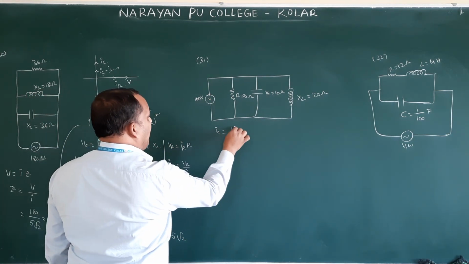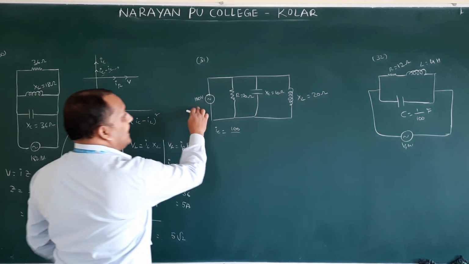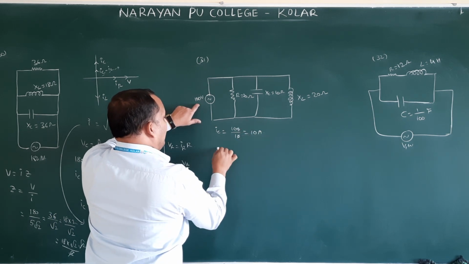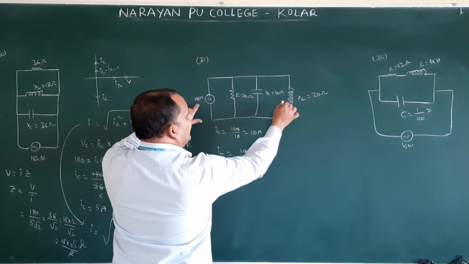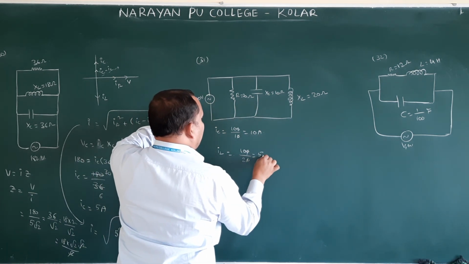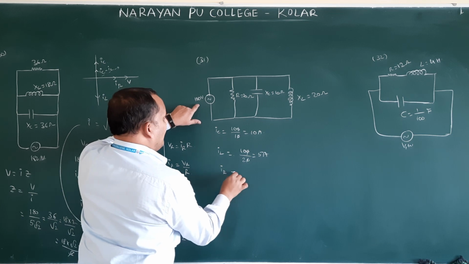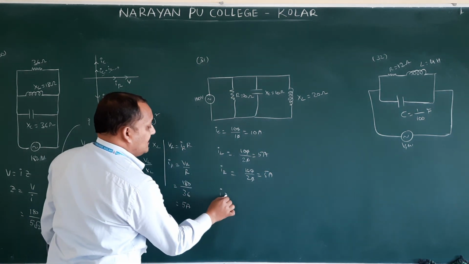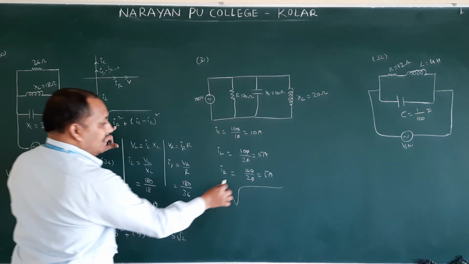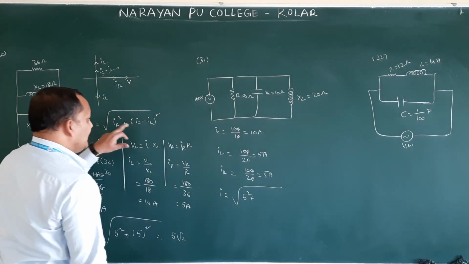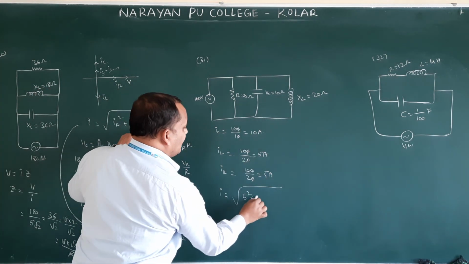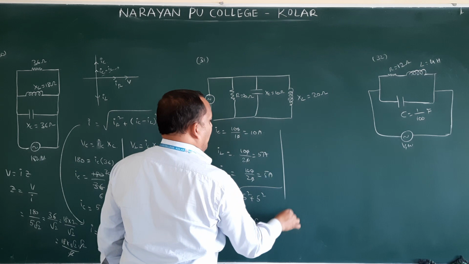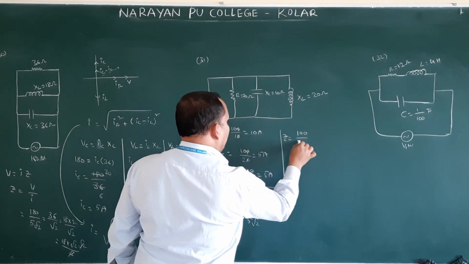IC is equal to voltage by XC, which is 10 amperes. IL is equal to voltage by XL, that is 5 amperes. IR is equal to 100 by 20, that is 5 amperes. And I is equal to root of IR square, 5 square, plus IC minus IL, this is also 5 square. This also gives 5 root 2. Then Z is equal to 100 by 5 root 2.